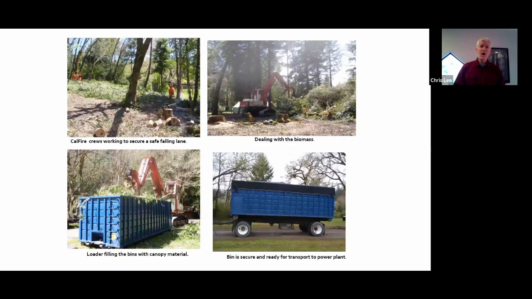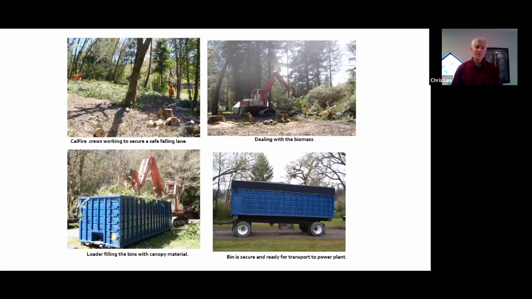Here are some other operational pictures of some of the things that we've done in order to try to manage the pathogen in Northern California. In this site, we were removing bay laurels and we were removing tan oaks. And in many of these places, the forest condition was quite dense. We were taking these trees out and then we had to figure out what we wanted to do with all that material.